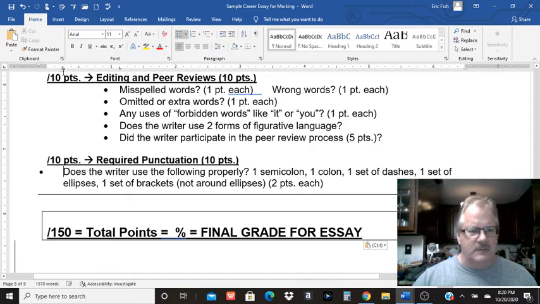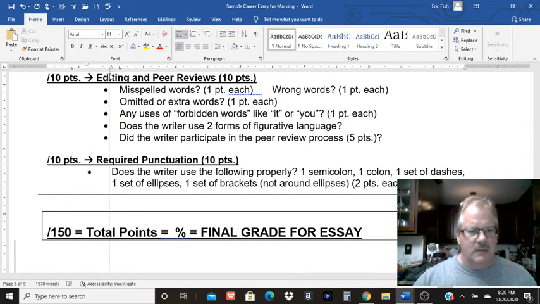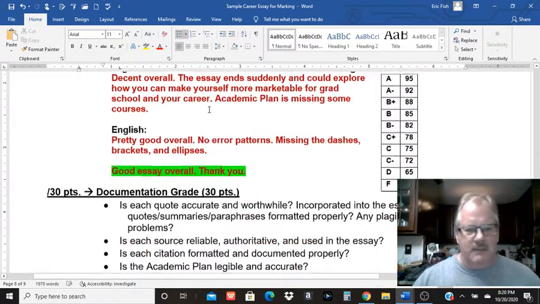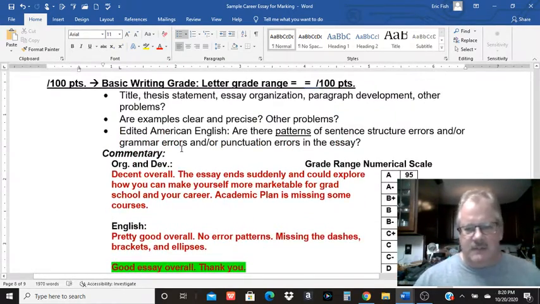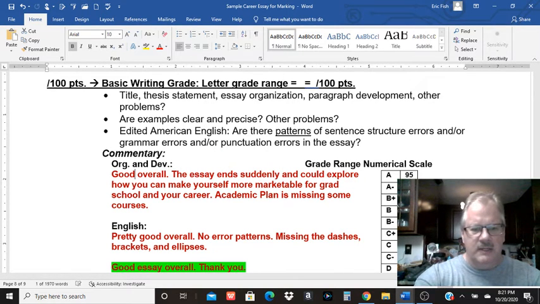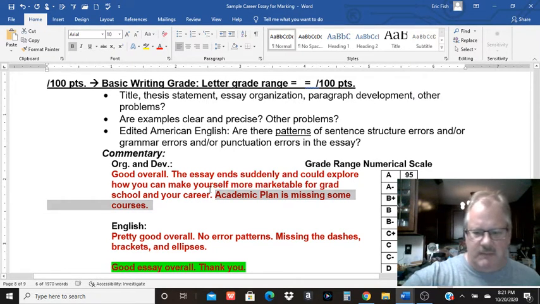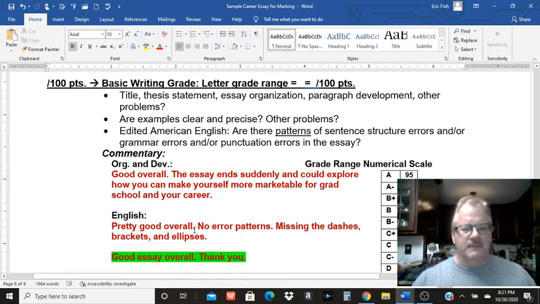Sometimes it messes with my formatting, but I pull the grading sheet up and I start making my commentary. Generally, I already have some already filled out just to get myself started. But if you have a pretty good essay overall, I'll start making the commentary. If you're not having problems, I'll take the commentary off sometimes.